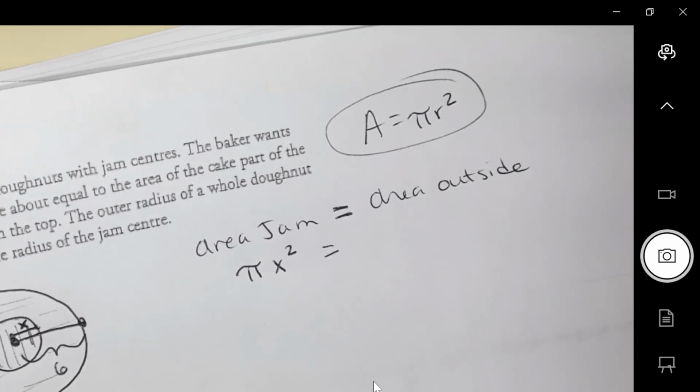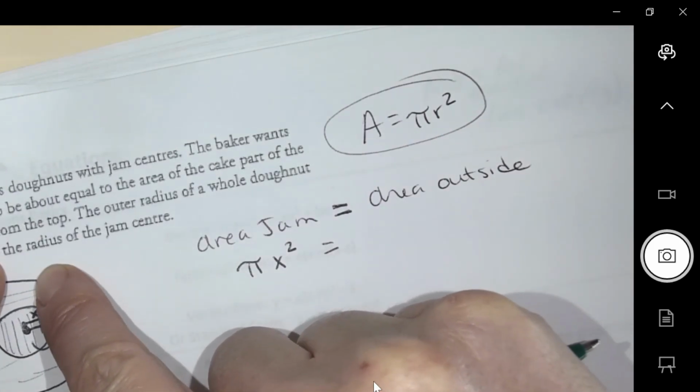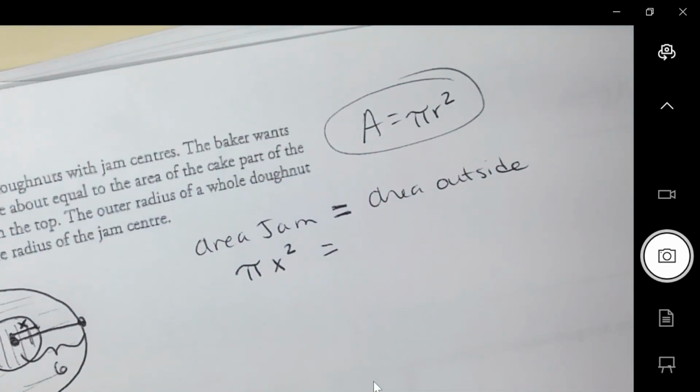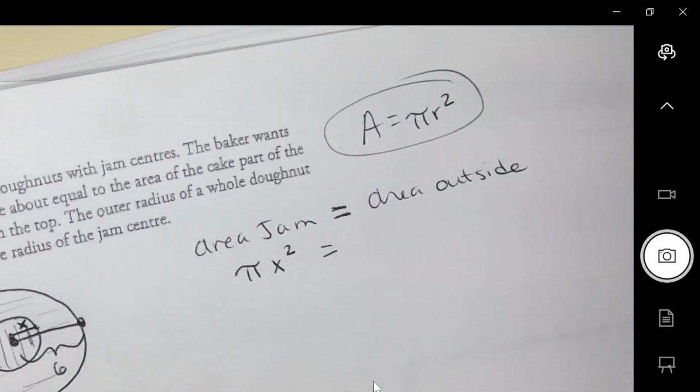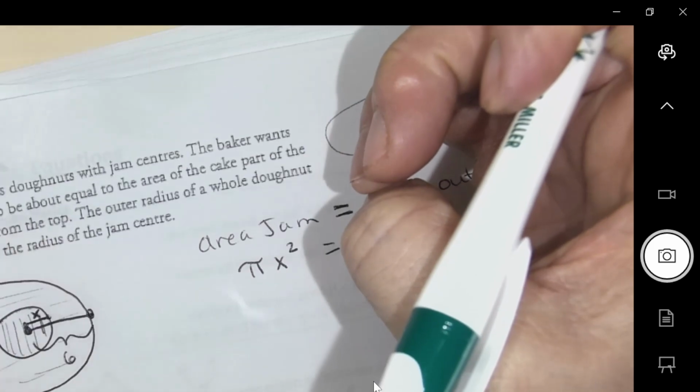Okay, do you understand this idea? The area of the outside portion is me doing the area of the whole thing, subtract the middle. Does that make sense visually? Do you see it? The area of the whole thing, subtract this, leaves me with that.